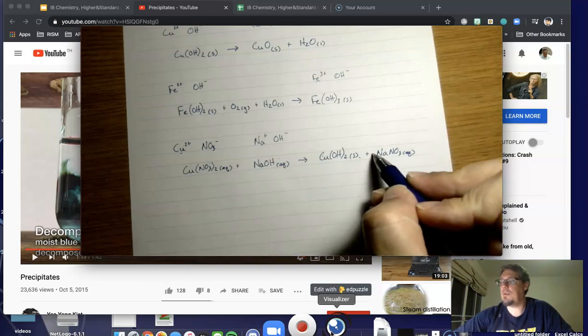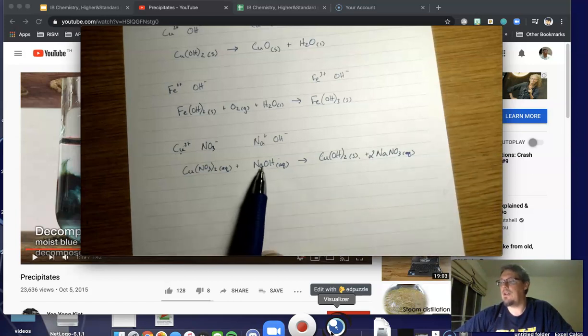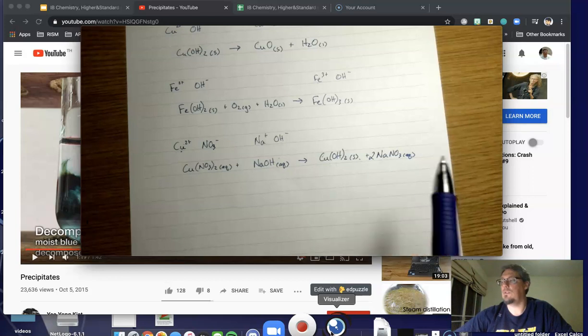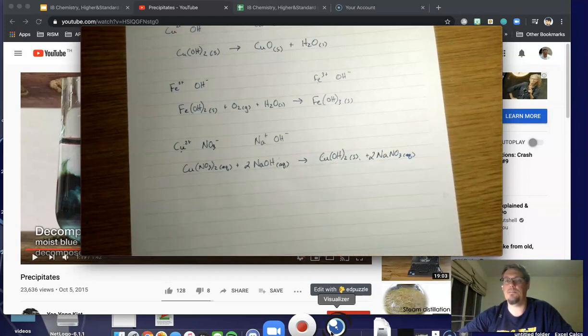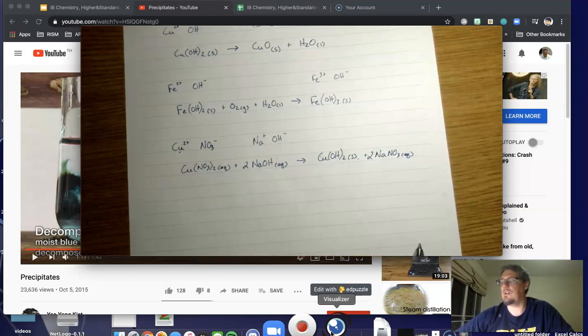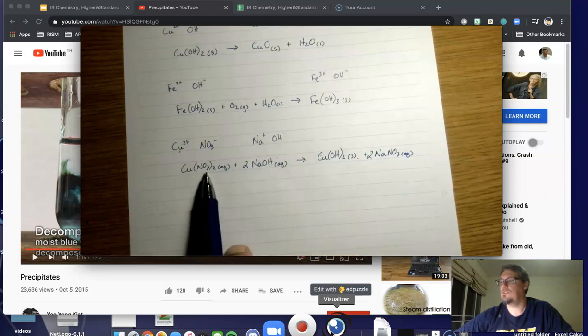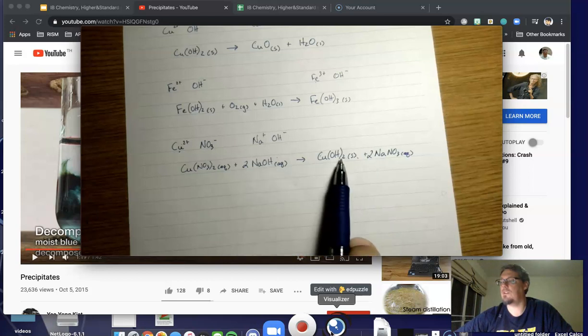So we can fix that by adding a 2 here in sodium nitrate. Now I have 1 sodium and 2 sodiums. We can fix that by adding a 2 in front of sodium hydroxide. All right, now we have 2 hydroxides and 2 hydroxides. Just check real quick, 1 copper, 2 nitrate, 2 sodium, 2 hydroxide, 2 hydroxide.